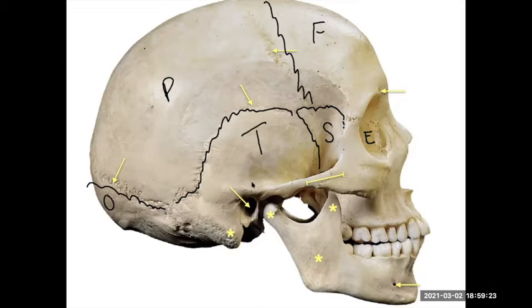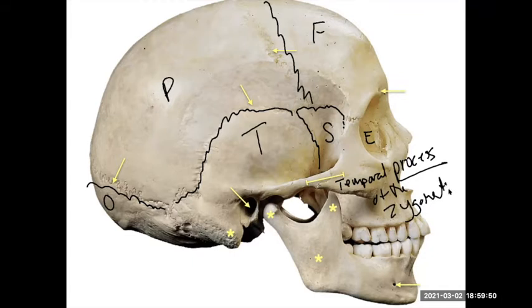So those are the bones of the skull. And then you also have features like other bumps and holes. And things like your zygomatic arch, which is made up by the temporal process of the zygomatic bone. The process is this jutting out piece over here.